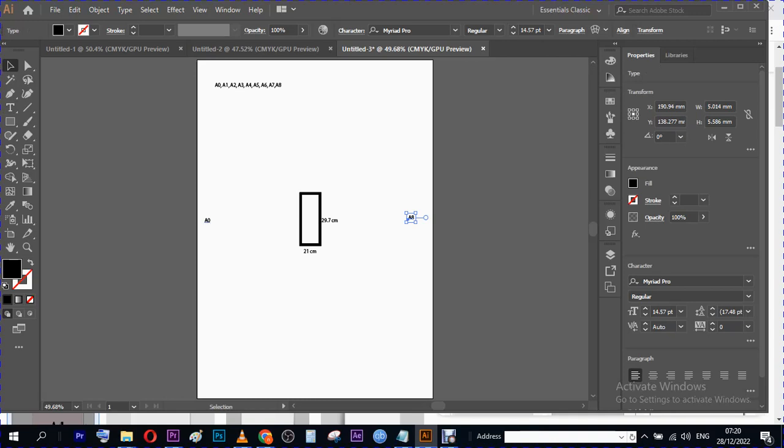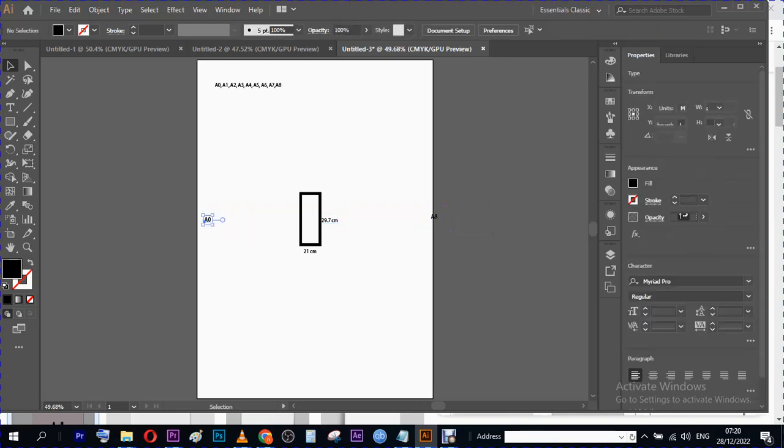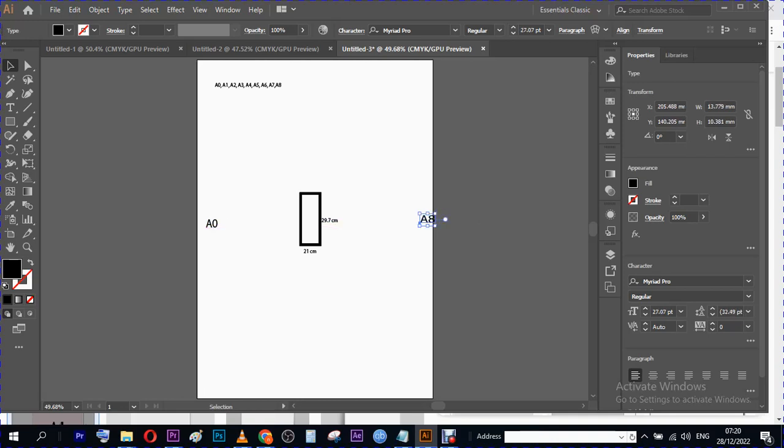Then when this one is selected, I hold shift and I also click on this one. So these two are selected, then drag in the corner, or let us just increase one by one. So an A0 and an A8. What do I want you to understand from here?